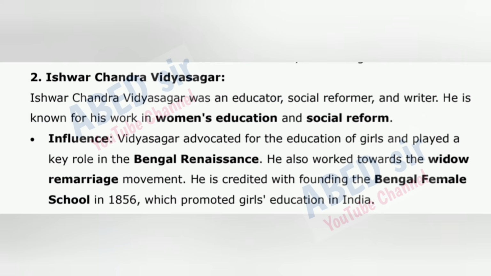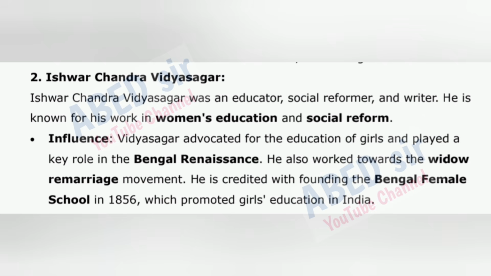2. Ishwar Chandra Vidyasagar. Ishwar Chandra Vidyasagar was an educator, social reformer, and writer. He is known for his work in women's education and social reform. Influence: Vidyasagar advocated for the education of girls and played a key role in the Bengal Renaissance.